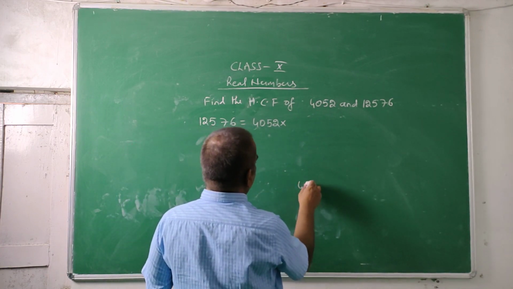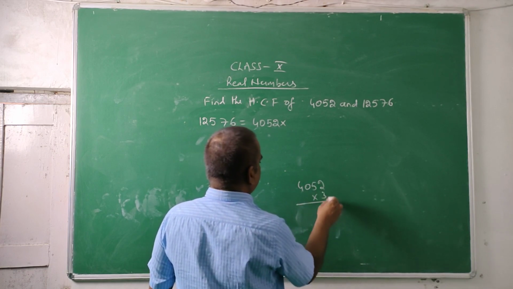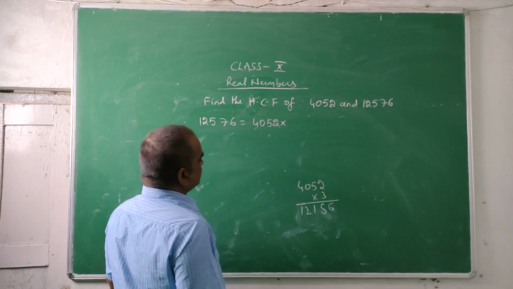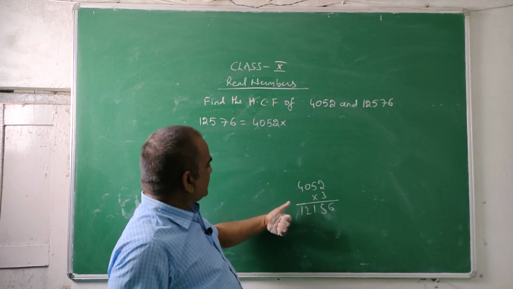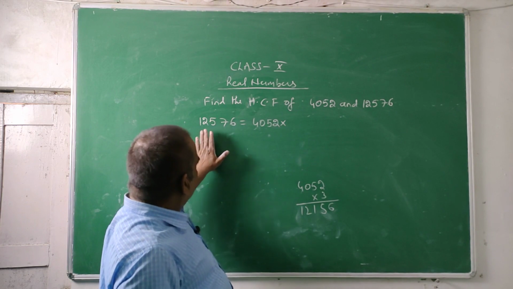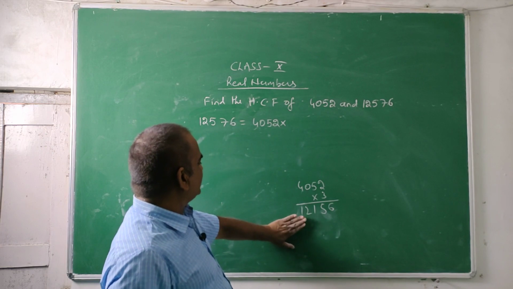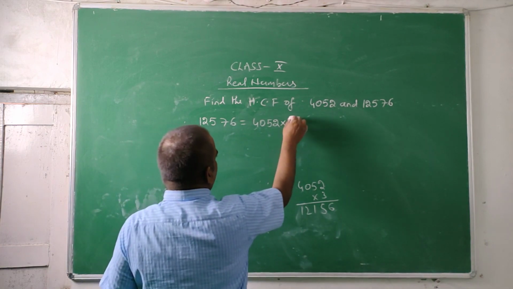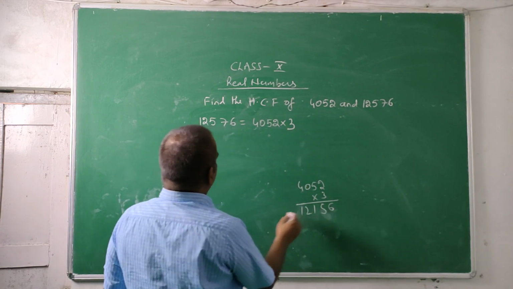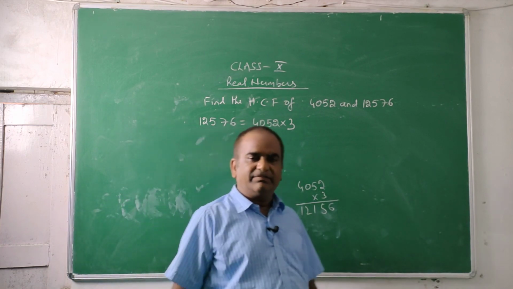So now let us see 4,052 into 3. 3 2s are 6, 3 5s are 15, 1 12. So you are getting 12,156. But this is 12,576, so it is a lesser quantity only. So you can take 4,052 into 3, which is 12,156. Now from 12,576, little calculations will be there sometimes.